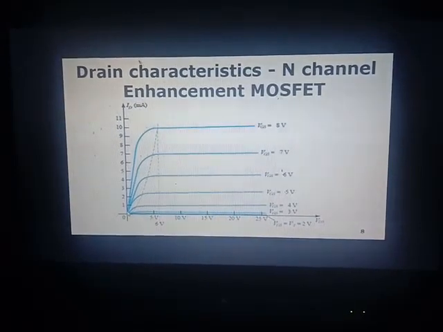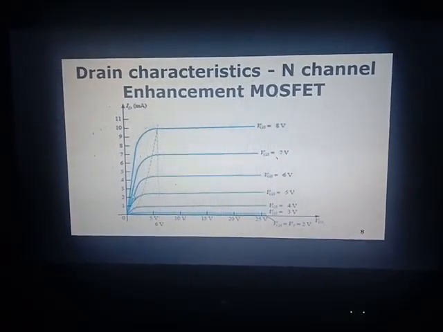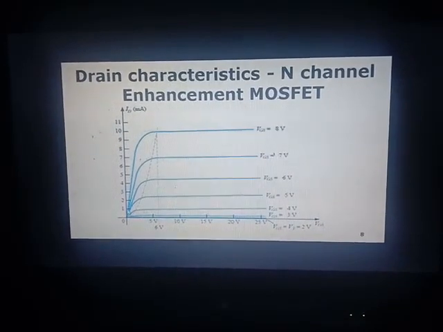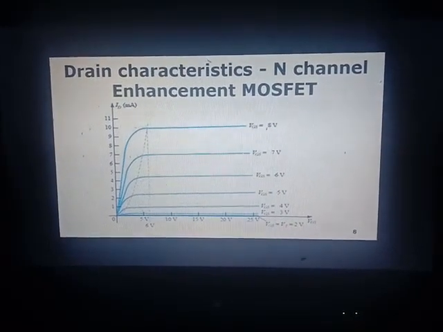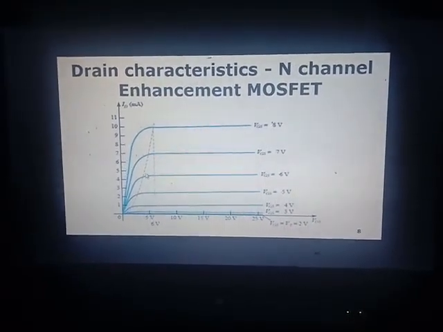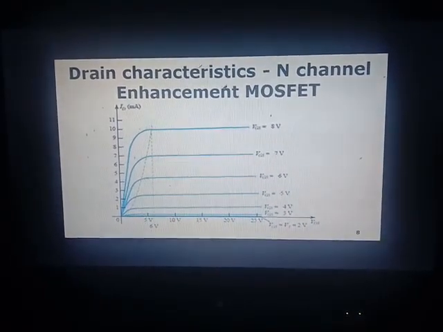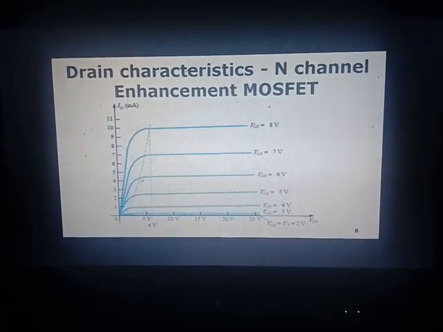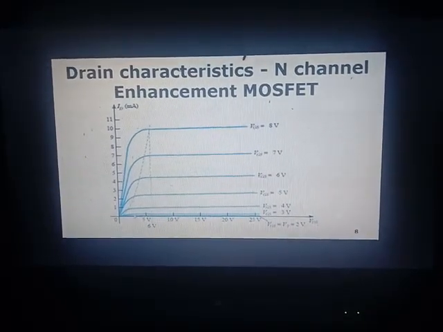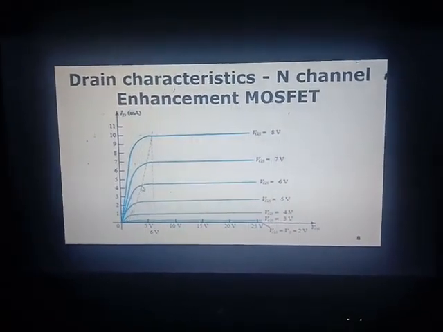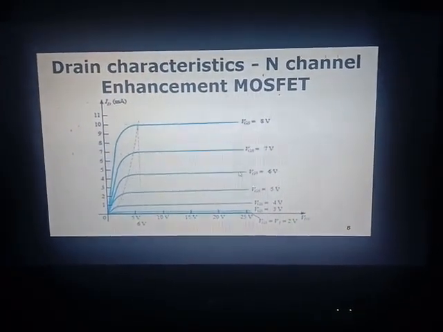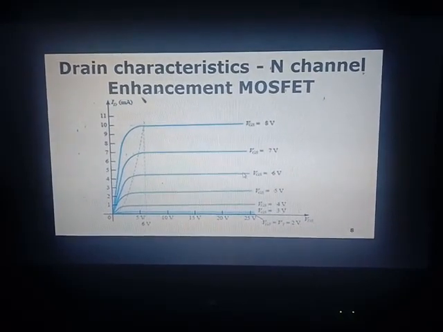Now if we increase VDS, ID will increase up to a certain point. That point is when the drain to source voltage becomes the pinch off voltage, VP. When the drain to source voltage is equal to VP, the drain current is saturated, or becomes constant.